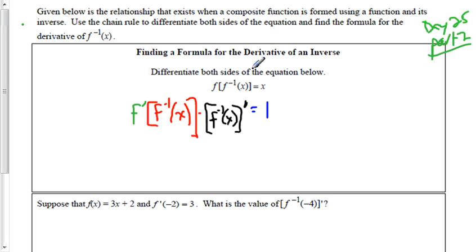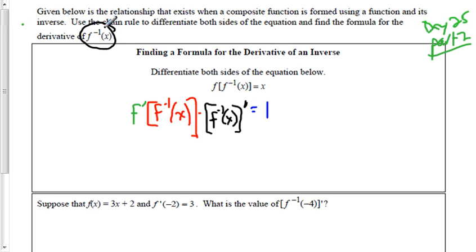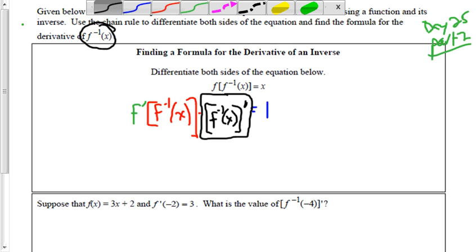Okay. And now what do I want to do? I want to find what the derivative of this is. So I need to get that by itself. How do I get that by itself? I'm going to divide both sides by what was left over, f prime of f inverse of x.